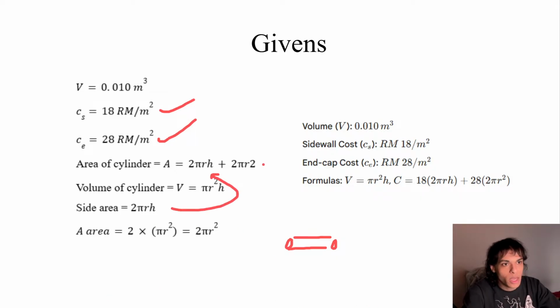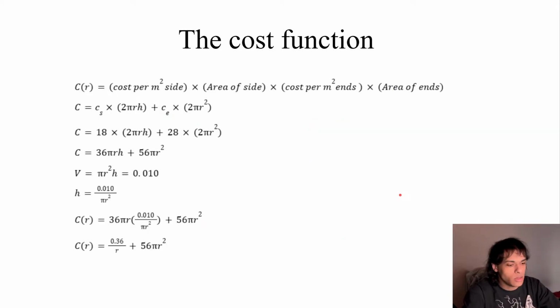So we have this information so far, and we're going to create a function that tells us how the cost affects the sides per meter. We say that the cost per meter of the side is multiplied by the area of the side, plus the cost per meter of the end caps multiplied by the area of the end caps.